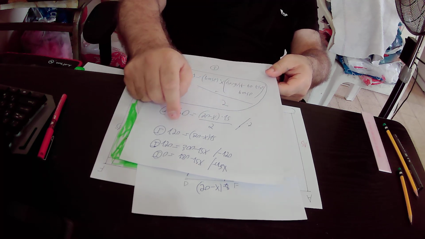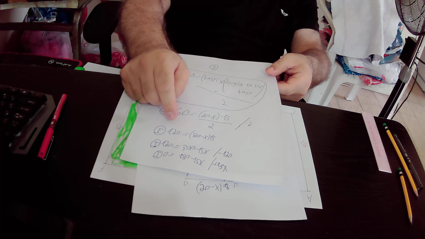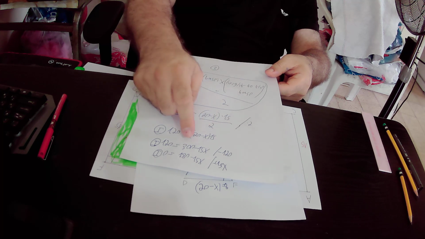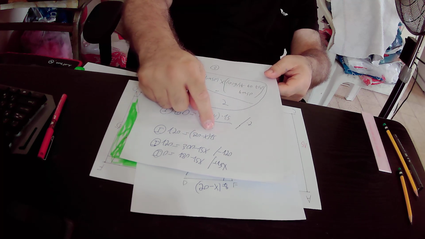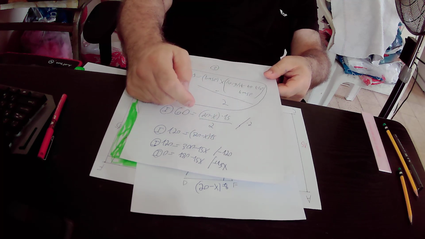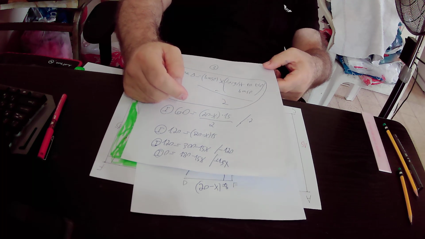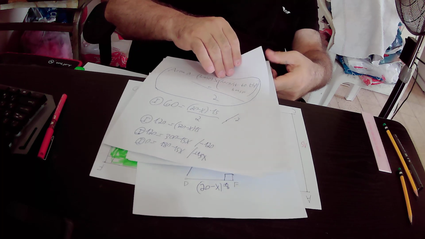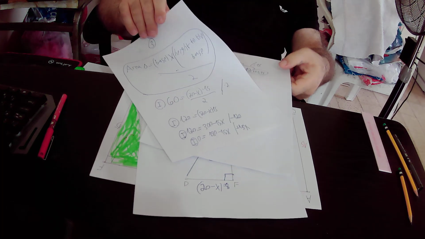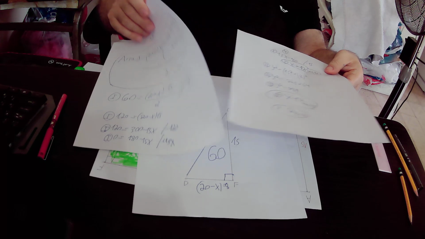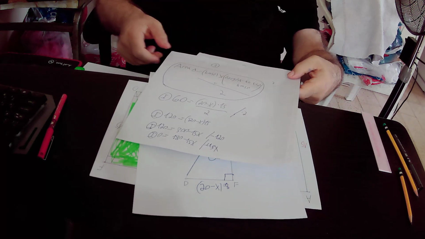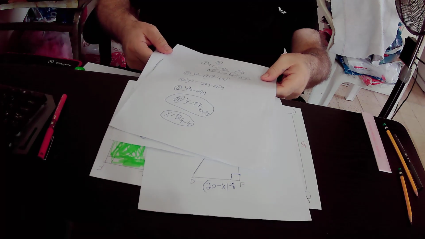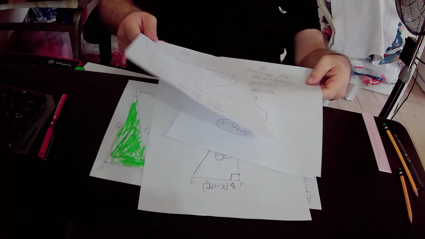We open the brackets in equation number 1. We got that 120 equals 20 times 15, which is 300, and x times 15 is minus 15x. So we solve this equation and we get the value of x. Actually, the value of x is 12 units.